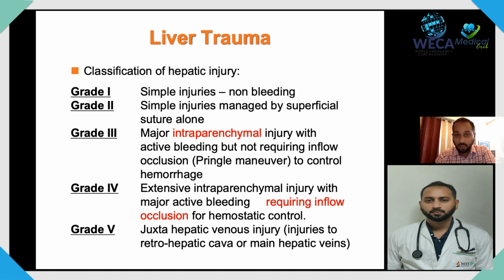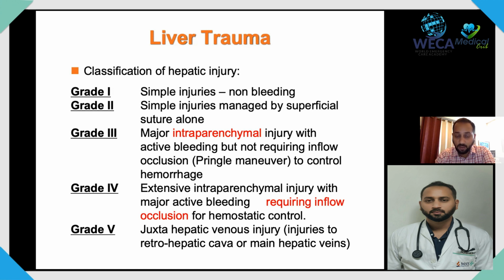So coming to the classification of hepatic injury, there are 5 grades. Grade 1 is simple injuries, which are non-bleeding. Grade 2, again, simple injuries that can be managed by superficial sutures. Any major intraparenchymal injuries with active bleeding will be classified as grade 3.